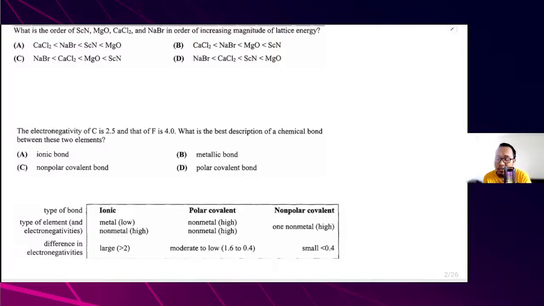What is the order of CsCN, MgO, LiCl, CaCl2, and NaBr in order of increasing magnitude of lattice energy? Let's build the concept first before we discuss.